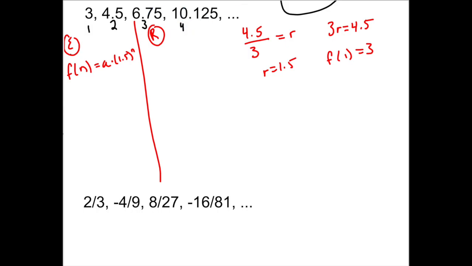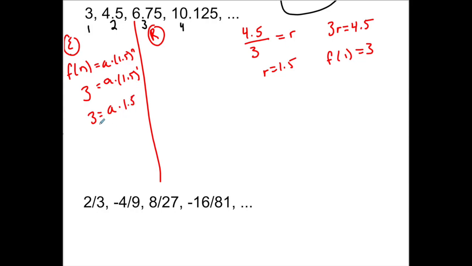So what that means is that if I plug in 1, right, if n is equal to 1, then f of n needs to be equal to 3, because the first term is 3. And 1.5 to the first is 1.5. That's the reason I choose the first, because anything to the power of 1 keeps it the same.